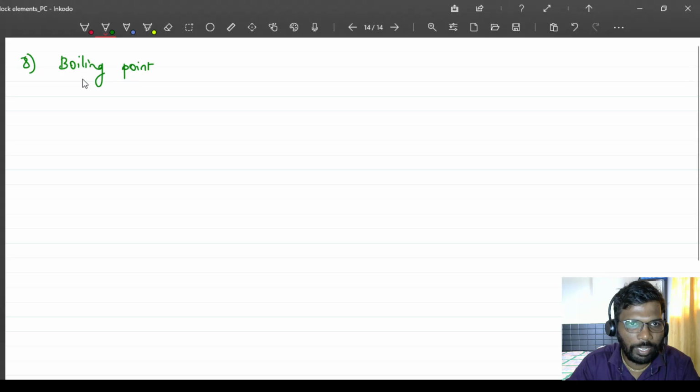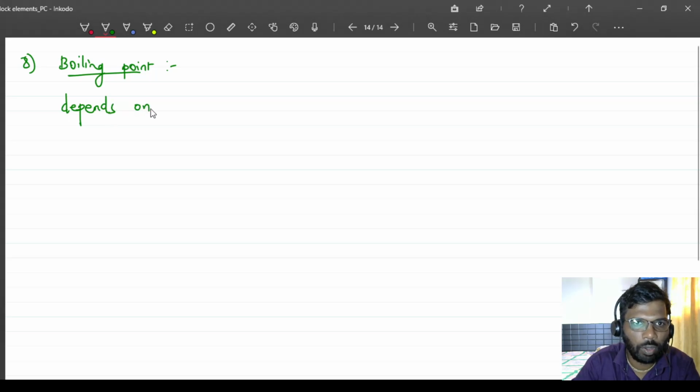So boiling point, on what factor does it depend? It depends on the following factors. First factor is Van der Waals forces.